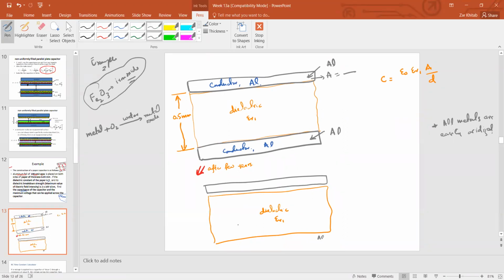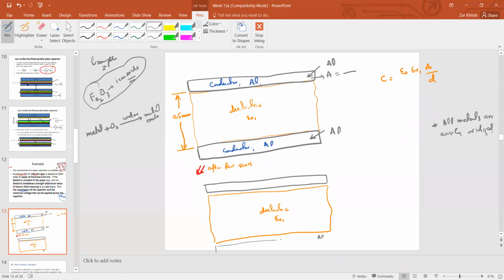So this aluminum plate will again be pushed a little bit downward because of the oxidation which is happening. And let me show the oxide, and see this kind of oxide layer is formed around the aluminum, around the metal.